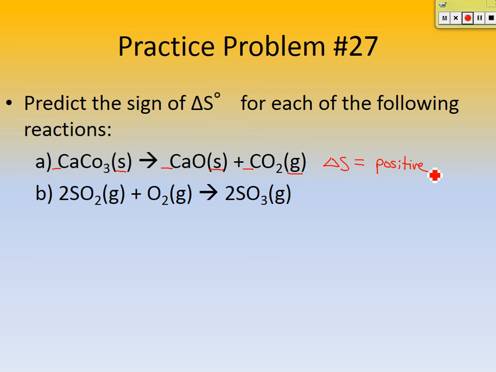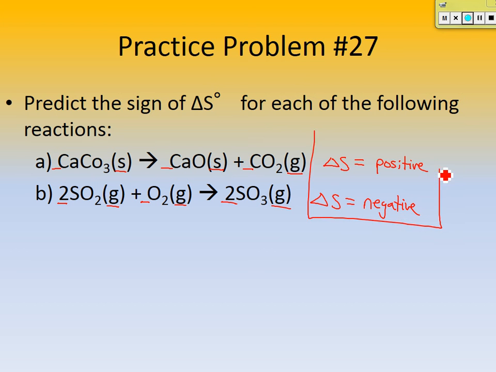Let's see how you did with B. We've got 2 moles in the gas phase, 1 mole in the gas phase, so we got 3 moles in the gas phase, becoming 2 moles in the gas phase. So now we're getting more ordered. So hopefully you put here that your delta S is going to be negative. Okay.